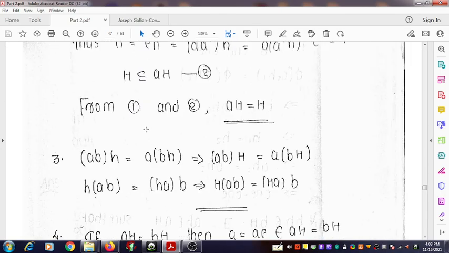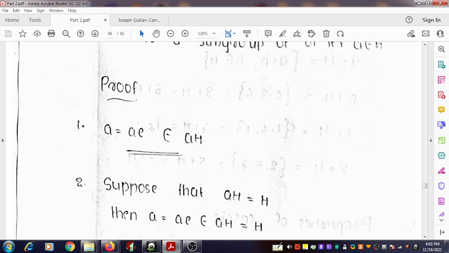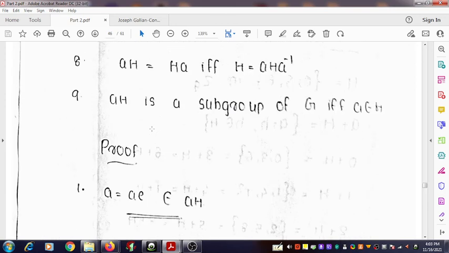The last property states that AH is a subgroup of G if and only if... What does it tell us about the condition for the product AH itself to become a subgroup of G? When can it happen?